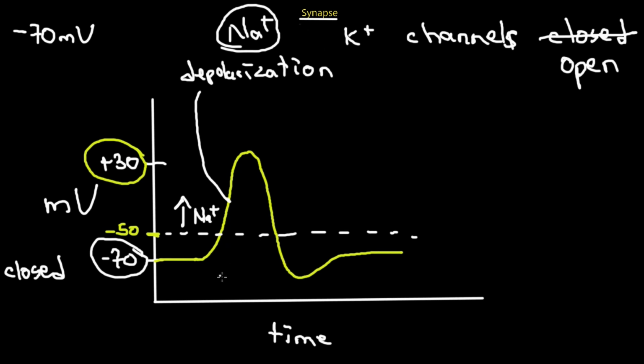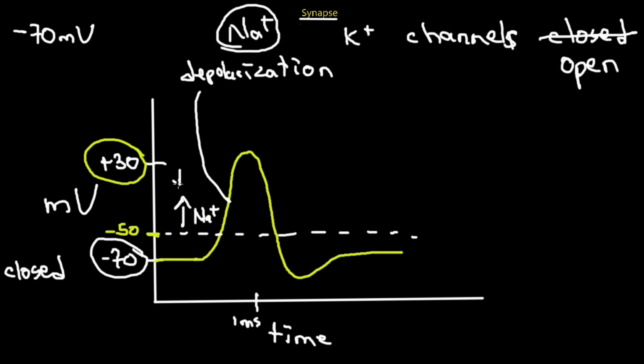So after about 1 millisecond, where this action potential becomes plus 30 millivolts, that's the potential difference between the inside of the cell and the outside, the sodium ion voltage-gated channels close. So the sodium ions stop diffusing into the axon, and at the same time the potassium ion channels open.